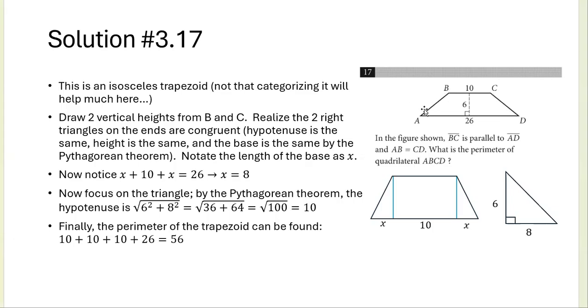These two other sides are congruent. So we could categorize it. Honestly, the reason I say it won't help is because I don't remember any properties of isosceles trapezoids that can help us. There might be one, to be honest. I just don't know. So that's why I'm arguing that it won't be helpful here.